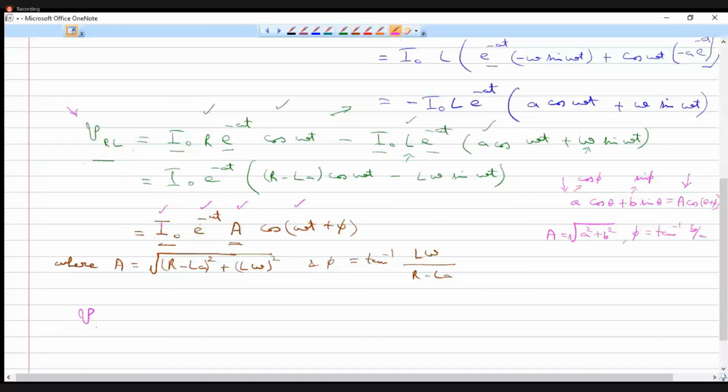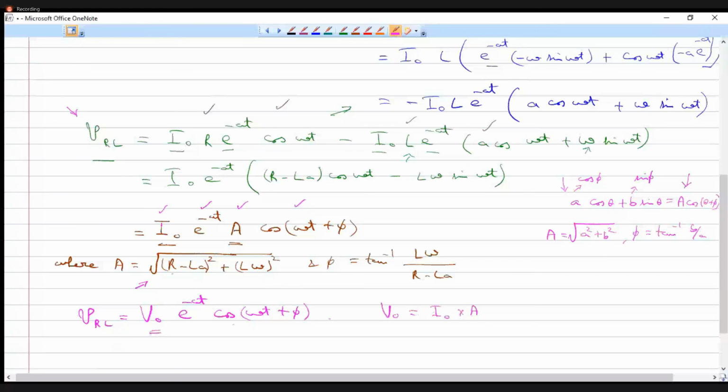So I can write V RL is equal to, let me call it V naught, e power minus αt cos(omega t plus phi). Current into this reactance will have a unit of volt, which is represented by V naught. So V naught is equal to I naught into A.